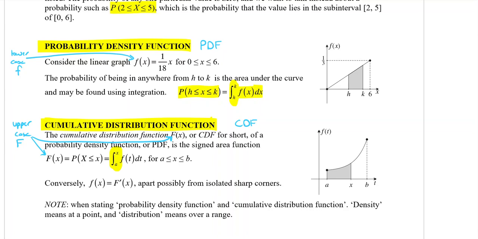Conversely, f of x is equal to the derivative of F, that is F dash of x. So you integrate once to go from the probability density function to the cumulative distribution function. If you're trying to find a specific area, you integrate that function again. So there could potentially be two integrals happening here.